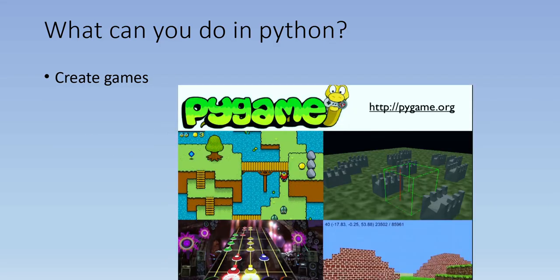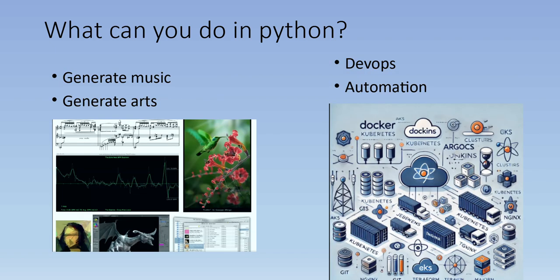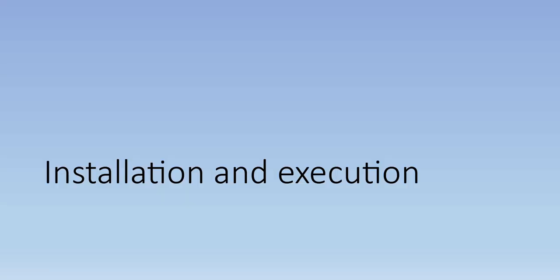You can also create games using Python, and you can use Python for scientific research like simulation and modeling. Also, you can generate music or art using Python, and it is also used for DevOps and automation. So we can say that almost everything today is done using Python. Now let's see the installation and execution of Python code.